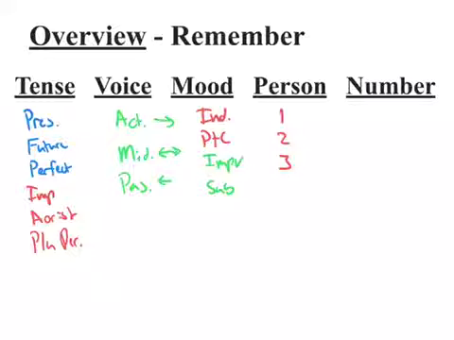So you have person: first, second, and third. First person would be I or we. Second person would be you, or y'all, if you want to go southern. And third person would be what?